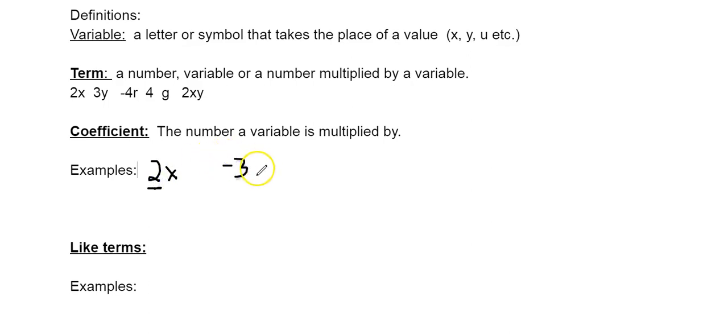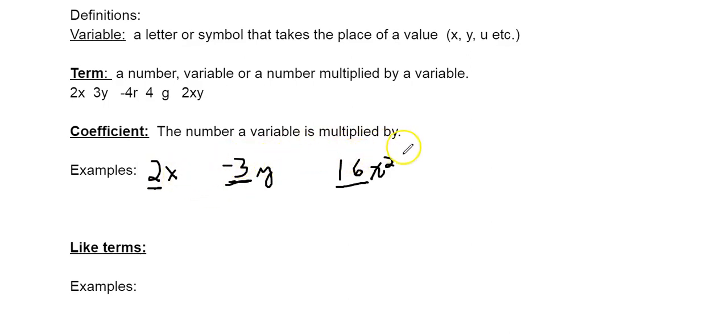Negative 3y, it would be the negative 3. Okay, 16x squared, it would be the 16. Okay, so the coefficient is the number that the variable is multiplied by. So the 2, the negative 3, the 16 will all be the coefficients.